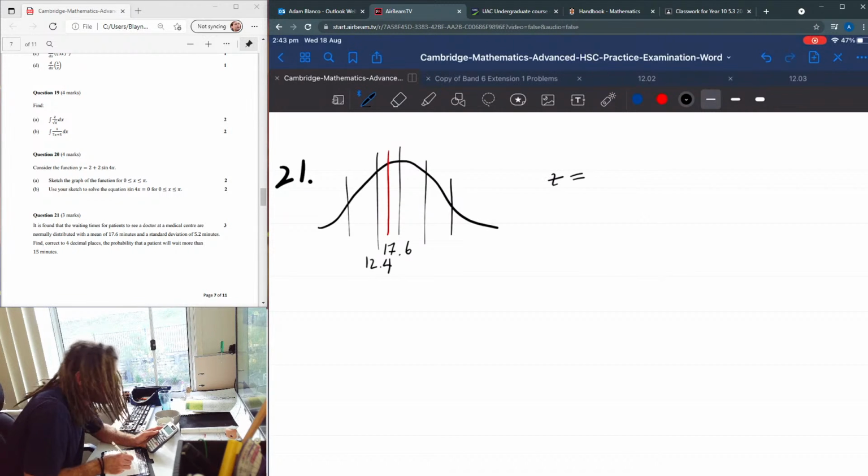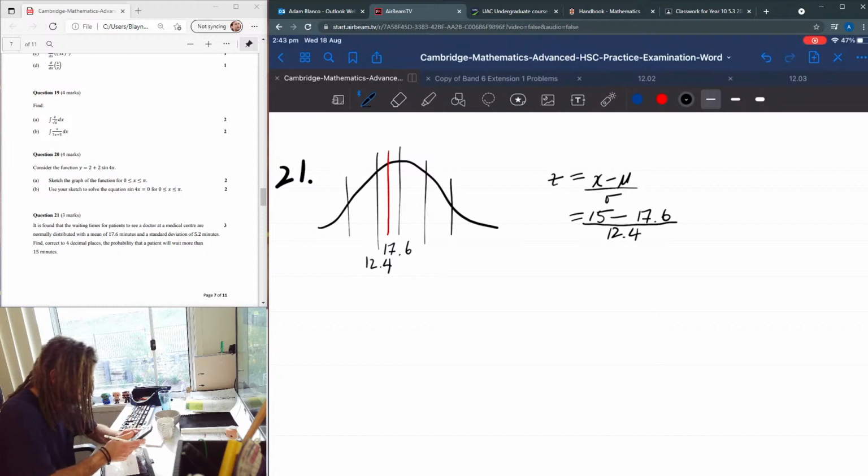So z equals x minus mu over sigma. That's 17, no. The score was 15. 15 minus 17.6 over 12.4.